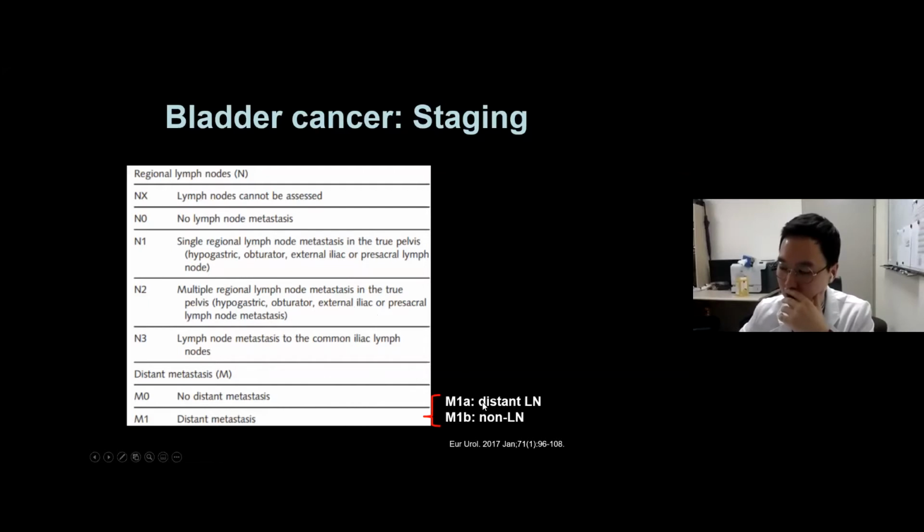M1A is limited to lymph node metastasis only. Because M1A patients showed a better prognosis compared to M1B in reports, these classes are distinguished in bladder cancer.